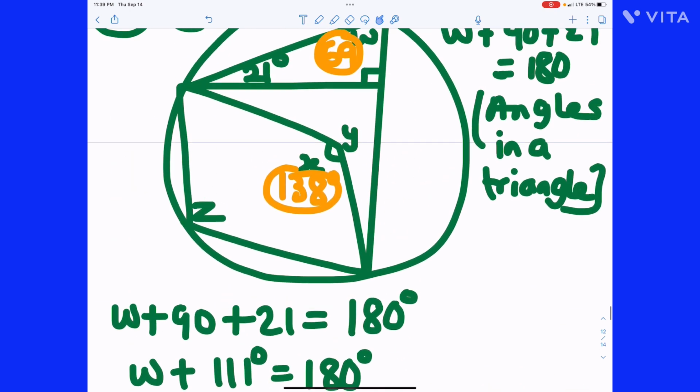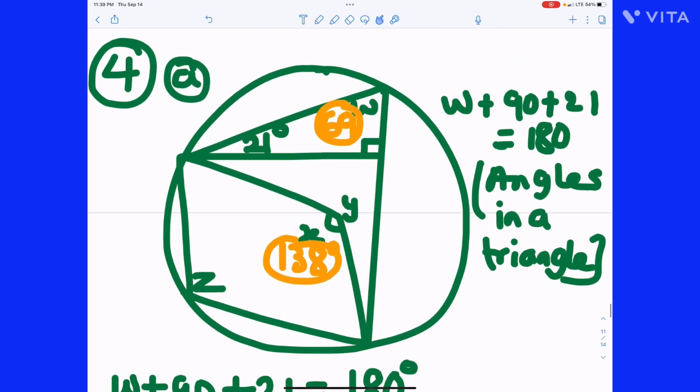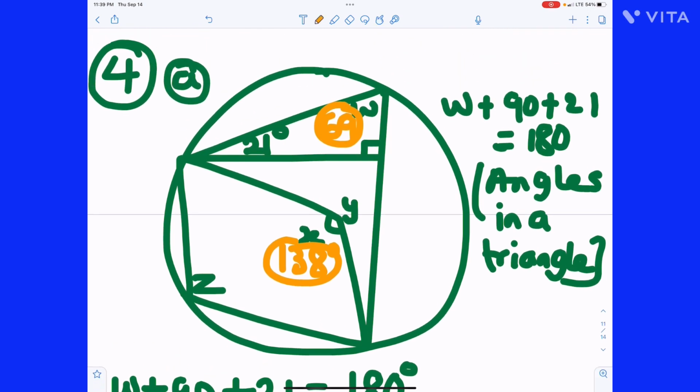So let's go get Z, okay? Y will be 2 times Z, you know. Y is formed on this arc at the center, and Z is formed on that same arc at a point on the circumference.